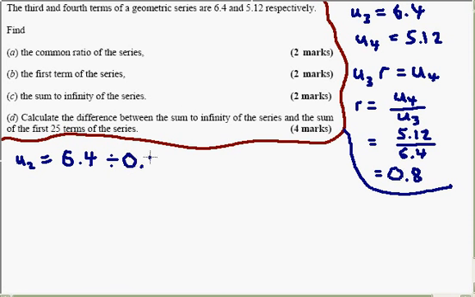So if we divide by 0.8, we get 8. That gets us our second term. The first term is therefore 8 divided by 0.8, which is equal to 10. So that gets us our first term of the series. That's part B.